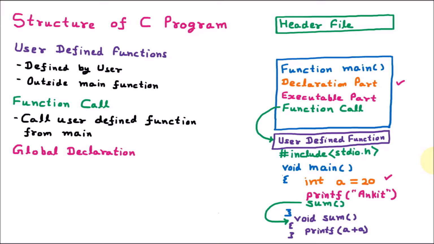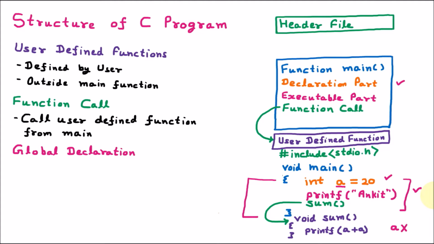Because we know that here we are having the starting bracket and it is ending with the ending bracket. So this a is accessible only inside this boundary. So here it can be accessed. But let us suppose that if I want to access this a outside, let us suppose that here in this sum I want to take this a. So here it is going wrong.